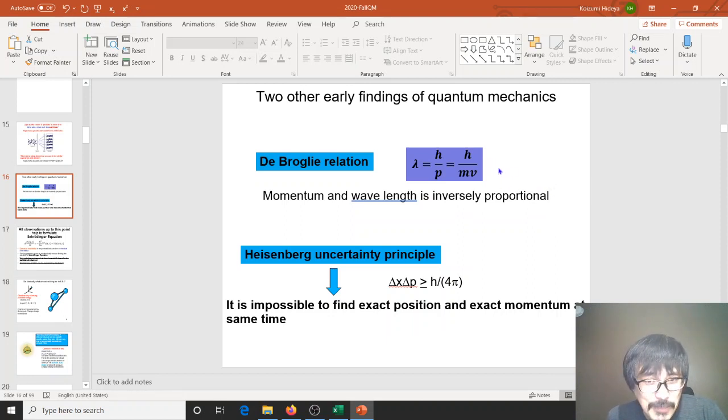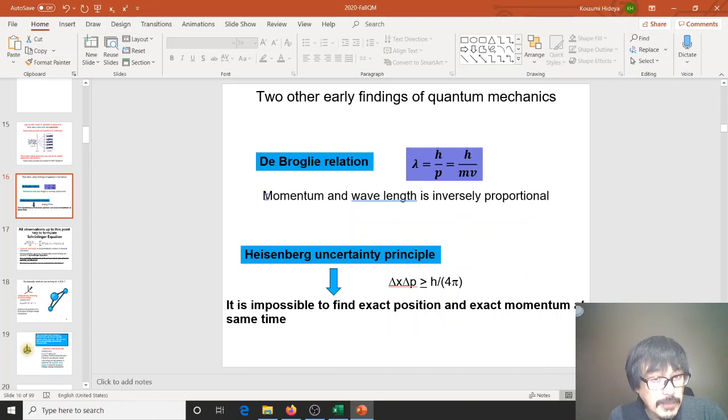Anyway, it says that wavelength is equal to Planck constant divided by momentum, where p is the momentum. Momentum p is equal to mass times velocity, which is the speed. So wavelength equals Planck constant divided by mass times velocity. That's the de Broglie relation.